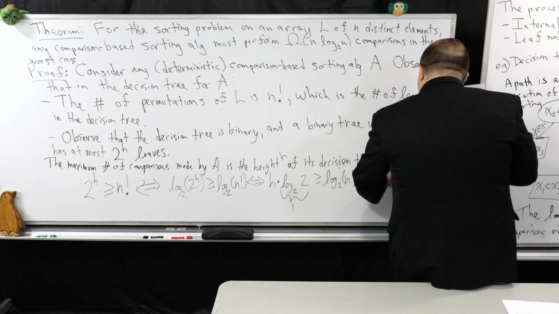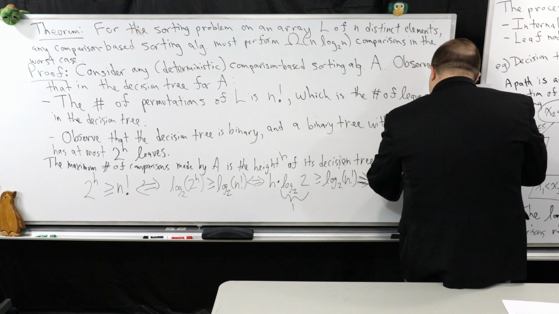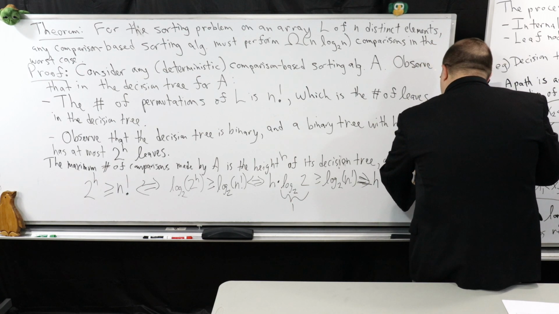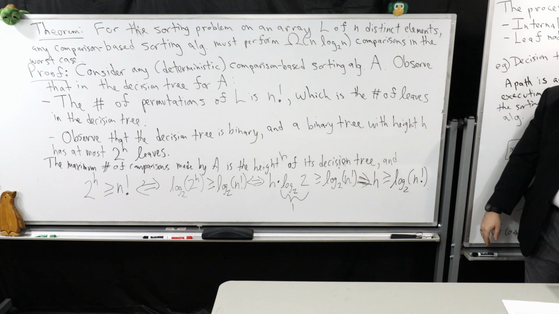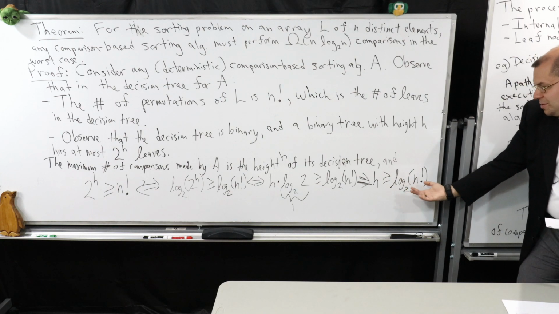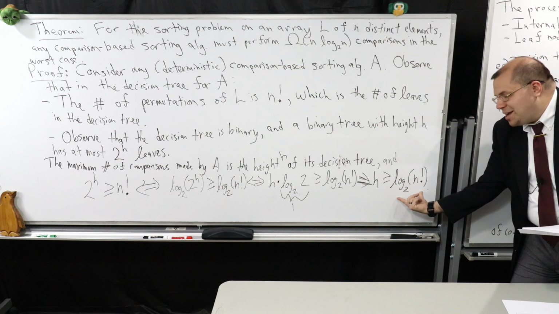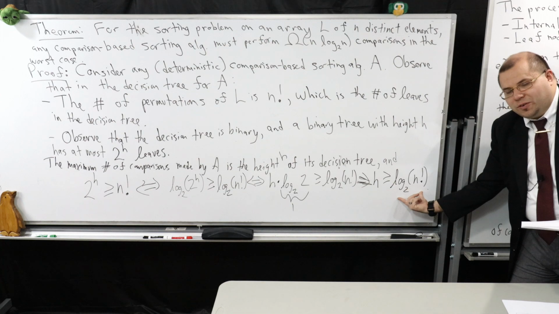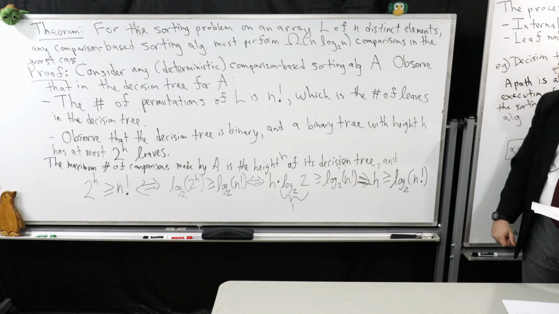H is going to be at least log base 2 of n factorial. So this is actually a bound, so I'm going to have to do at least log base 2 of n factorial number of comparisons in my model.